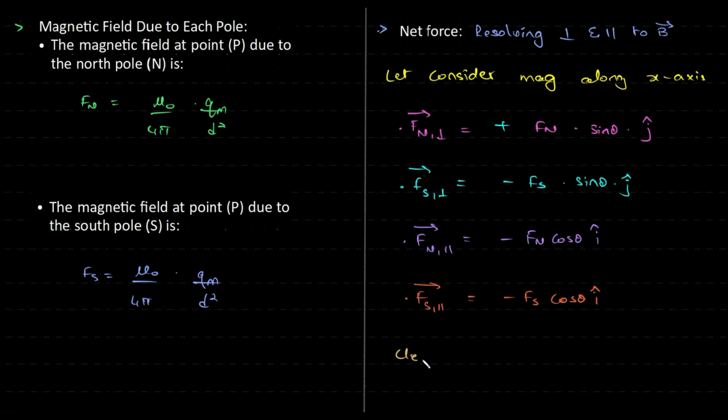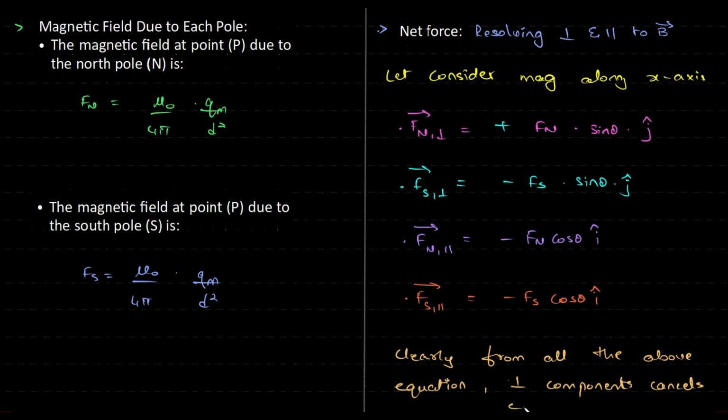So clearly, from all the above equations, including on my screen the left part also, Fn and Fs expression, the perpendicular component will get cancelled. Let me write that. Perpendicular component cancels each other.